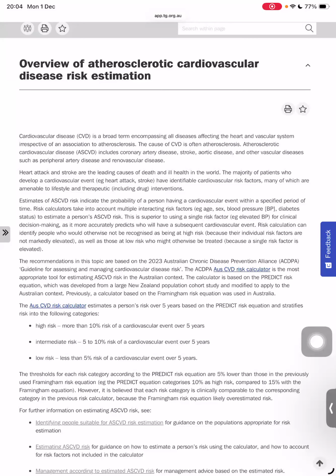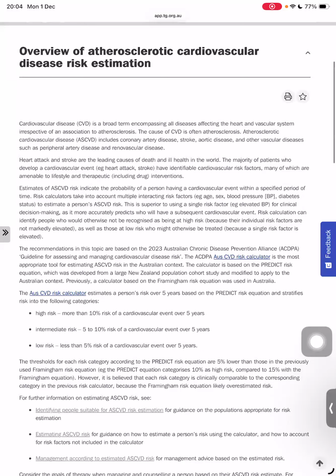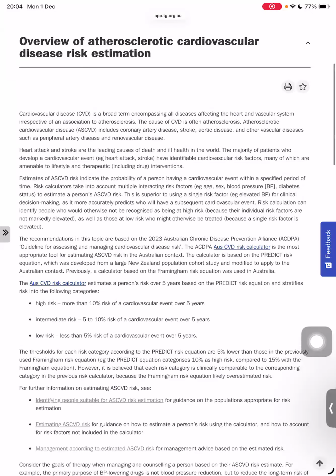We can treat. Screening is for patients without cardiovascular disease, because we have to prevent future cardiovascular disease. That's why we are going to screen these patients.